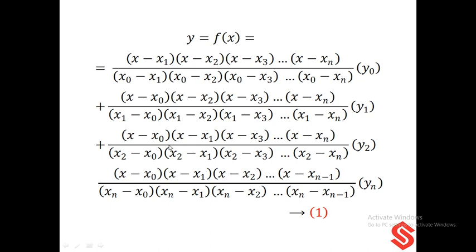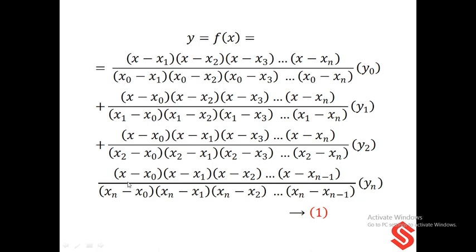Next, the third term: in the numerator we write x − x0, x − x1, we are not writing x − x2, we write x − x3, etc., x − xn. The denominator is x2 − x0, x2 − x1, x2 − x3, etc., x2 − xn, into y2, and so on.